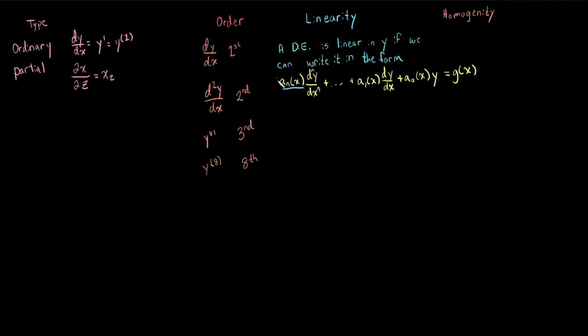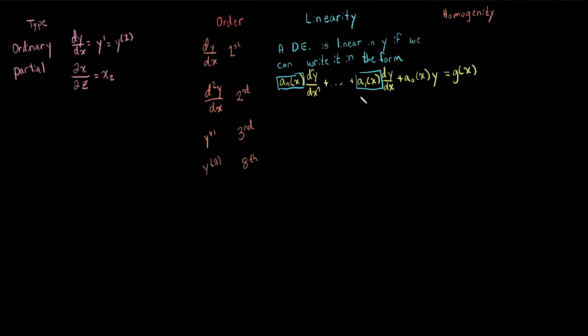It's made up exclusively of the term x. If we go all the way down here, we have a sub 1 of x, a sub 0 of x. These are all only made up of the term x, and they are attached to their respective derivative depending on what term it is.